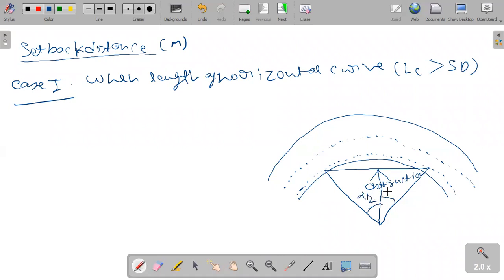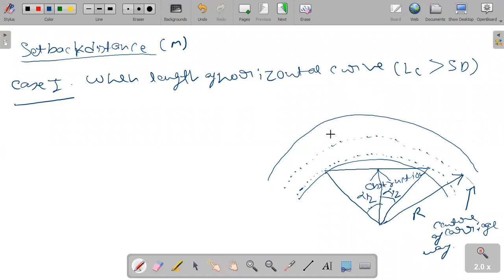This is alpha by 2. The distance is R. This is the center of carriageway.